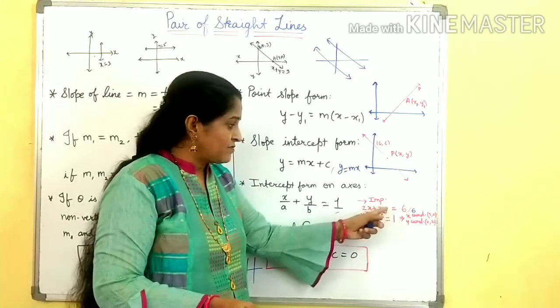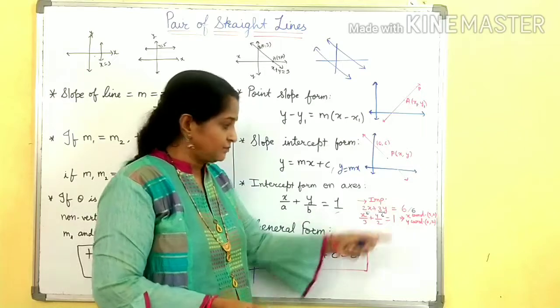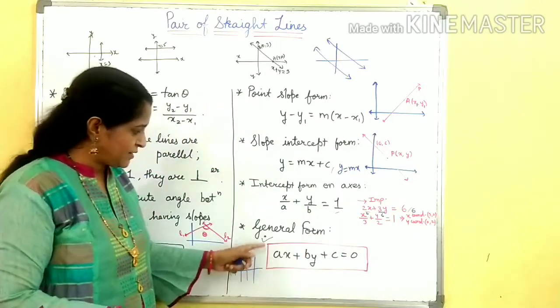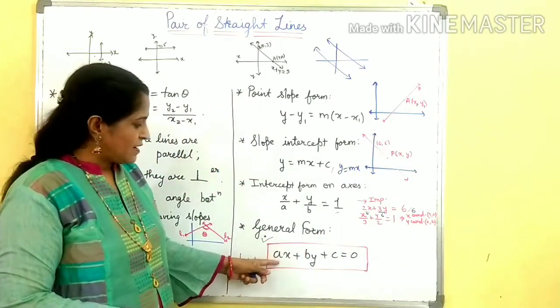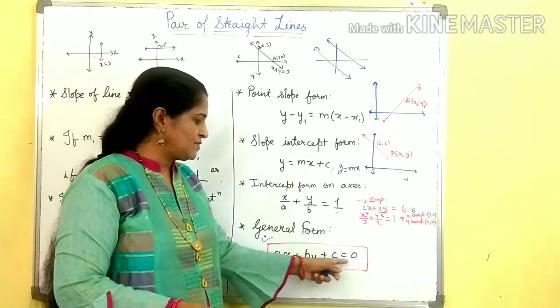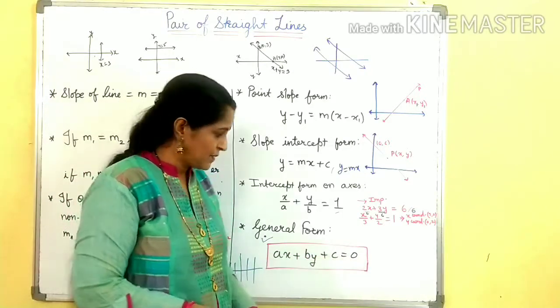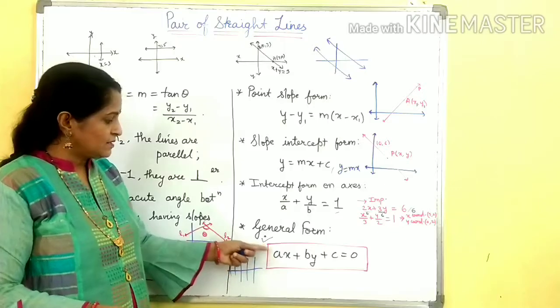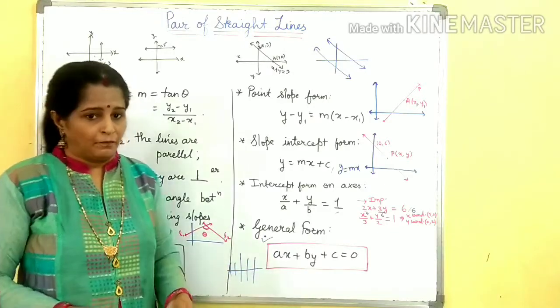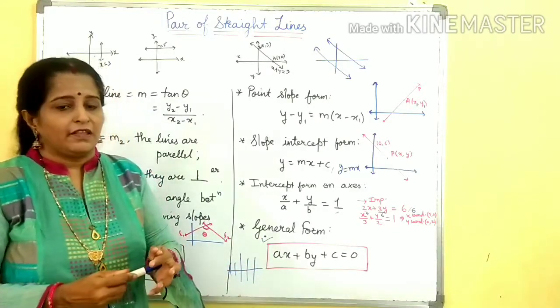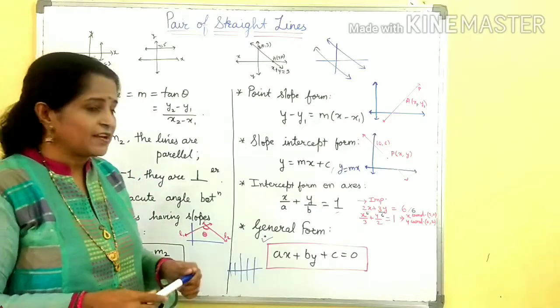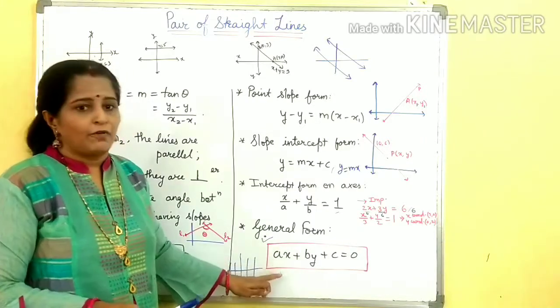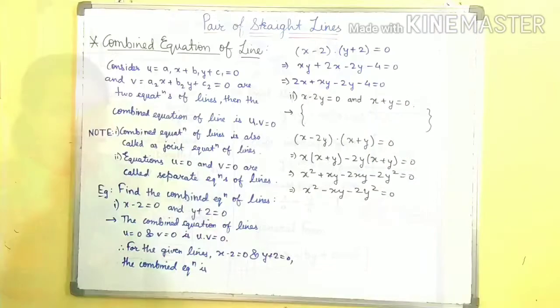Here the 6 is moved to the left hand side and we get minus 6. So this generalized formula, ax plus by plus c is equal to 0, is the general form of the equation of a line, and we have to study this main formula for the complete chapter.